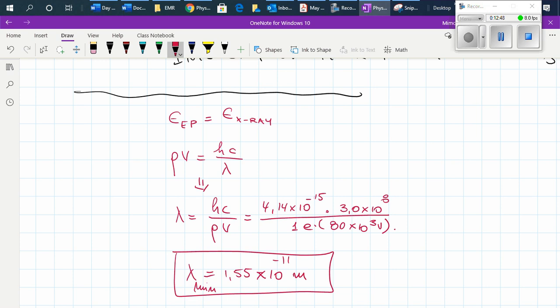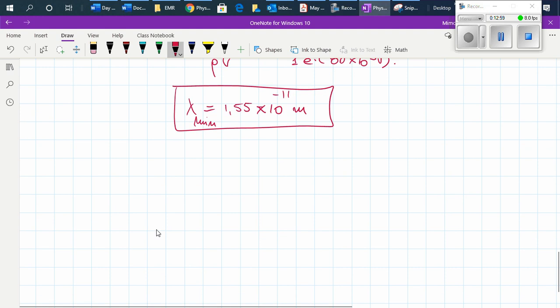X-rays are unique because they have the ability to act as a wave and as a particle.